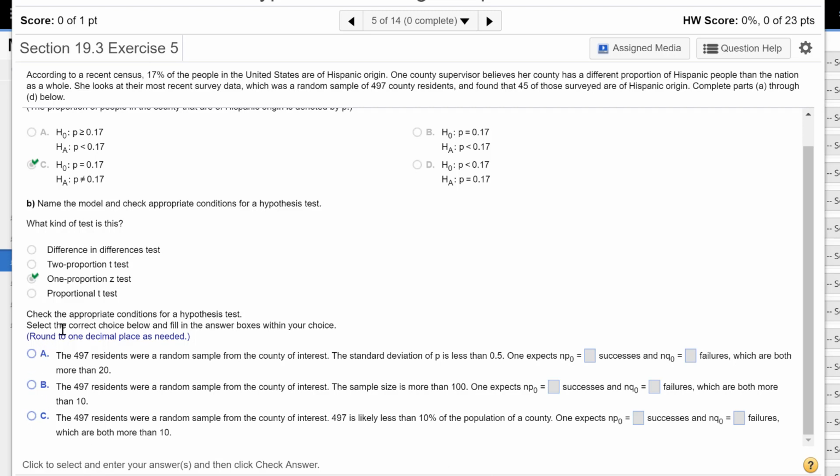Okay, so let's check. From a random sample, less than 10% of the population, and one expects, so it's got to be the C.